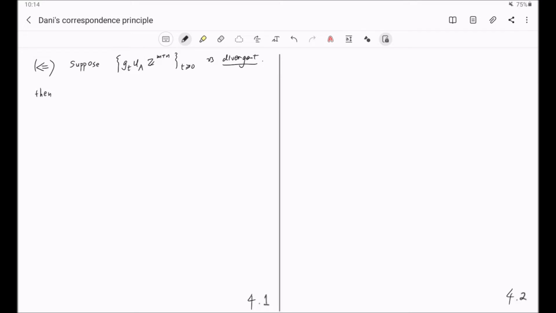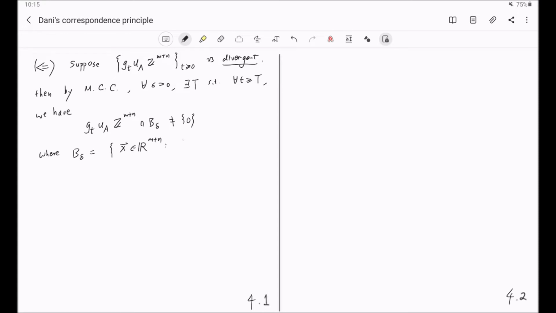Then, by Mahler's compactness criterion, for any delta greater than 0, there exists a capital T such that for any t greater or equal to T, we have that g_t u_A z^{m+n} intersection B_delta is more than just the origin, where this B_delta is the cube or the ball centered at the origin under the infinite norm of radius delta.